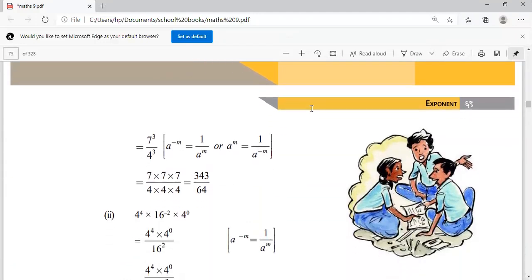So 4 to the power minus 3 will be written as 1 upon 4 to the power 3, and 1 upon 7 to the power minus 3 can be written as 7 to the power 3. So using that formula we have got 7 to the power 3 upon 4 to the power 3. Further you will solve it and you will get the final answer which is written here.